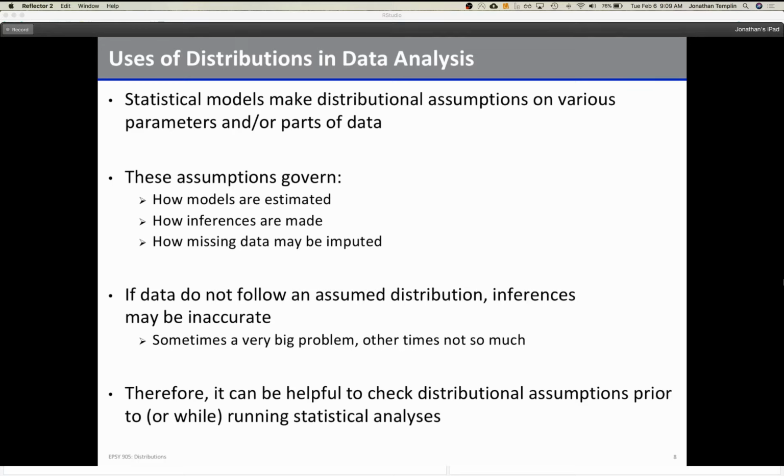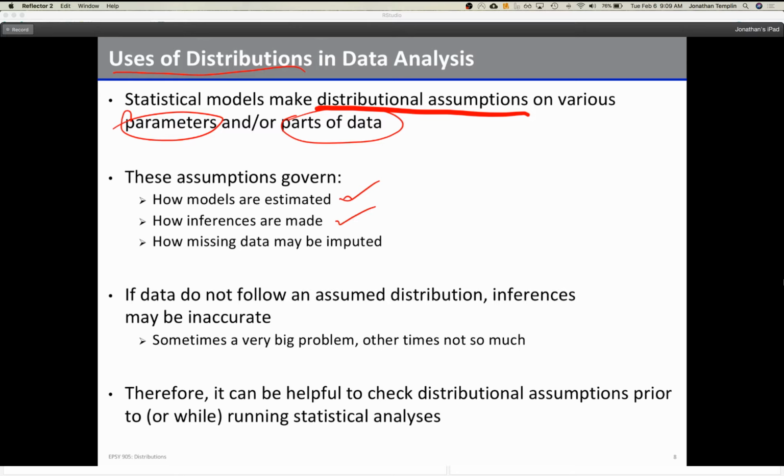So, statistical models. Why we're talking about this is because statistical models make distributional assumptions on various parameters of the model or on the data themselves. And these assumptions are critically important. They govern how we estimate the models. They govern how we make inferences about the results.